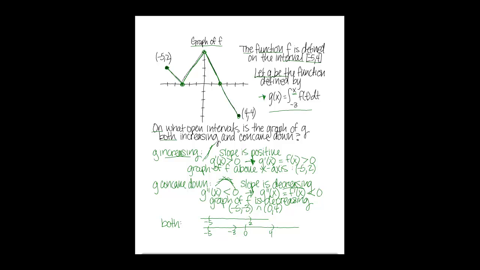So if we look at the overlap, right here is going to be where they overlap. And then right here is where they overlap. So the two intervals we're looking at are -5 to -3 and 0 to 2. So there's our answer to the question.